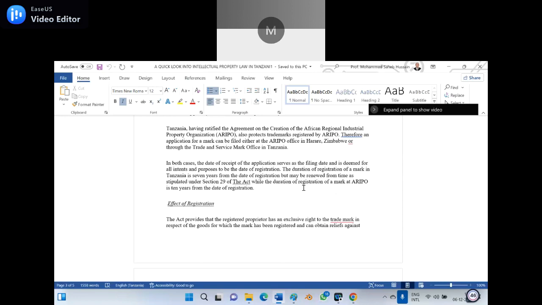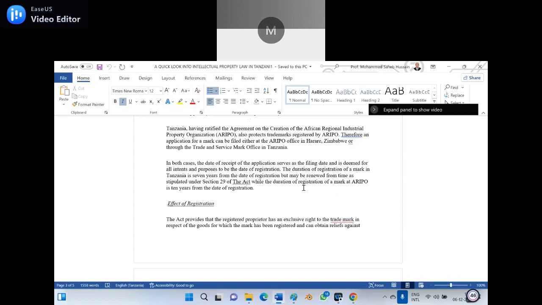The duration of registration of the mark in Tanzania is 7 years from the date of registration, but may be renewed from time to time as stipulated under Section 29 of the Act. While the duration of registration of a mark with ARIPO is 10 years from the date of registration, in our Tanzania it is 7 years, if I am not mistaken, just what we read now.